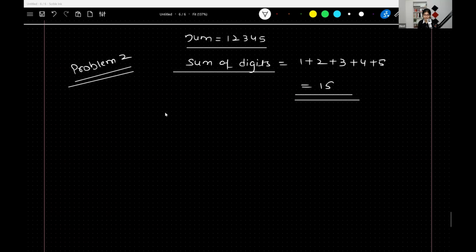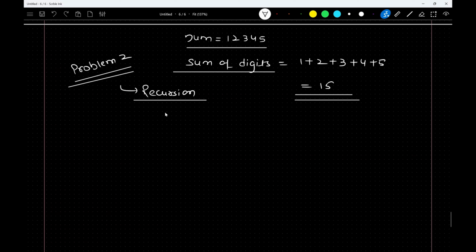Okay, we want to solve it via the concept of recursion. So in recursion, the base case would be if the division of a number gives 0. And what we'll do is we'll take the modulo, obviously, and add it to the counter variable. And then we'll call the recursion on the same number divided by 10, basically, like sum of digits of n by 10. Can you guys try to do the implementation for the same?